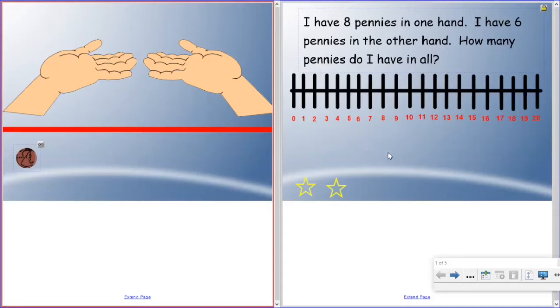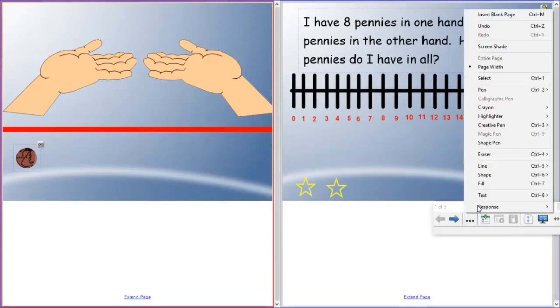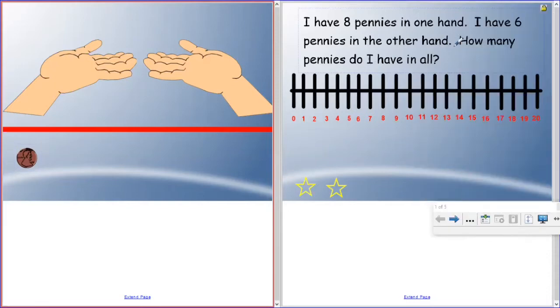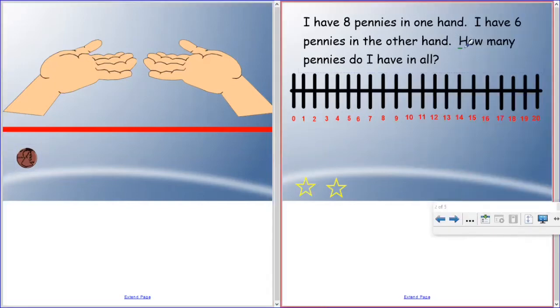How many means that we need to find an amount. We're going to be finding out the amount of pennies we have in all. Let's go ahead and underline the question so we can make sure we answer it. How many pennies do I have in all?